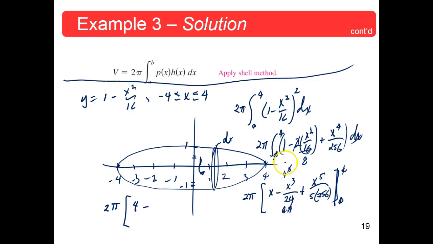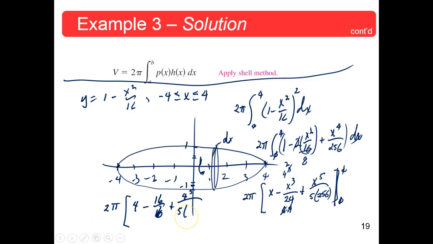That's 4 squared over 6. Well, let's see. That would be 16 over 6. We'll come back and simplify that in a minute, okay? Plus, well, again, let's be a little bit smarter about this. This is 4 to the 5th power divided by 5 times 256.